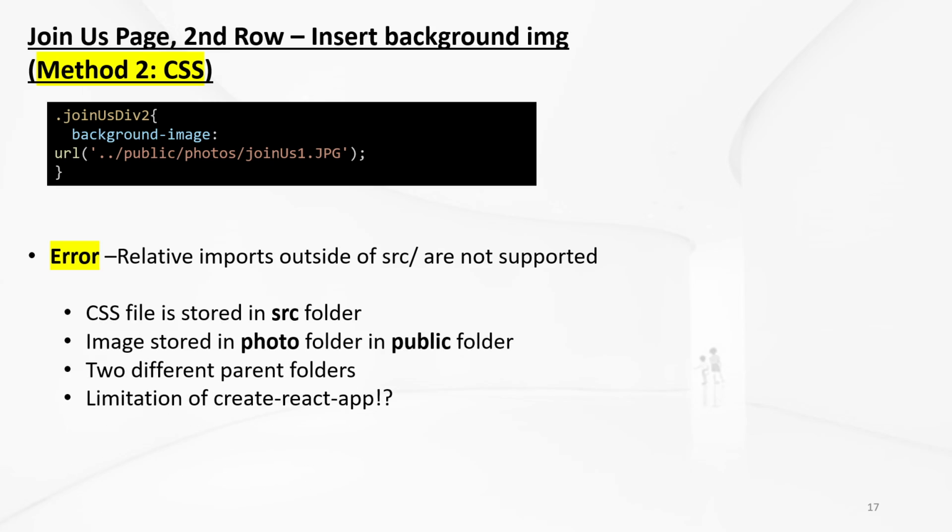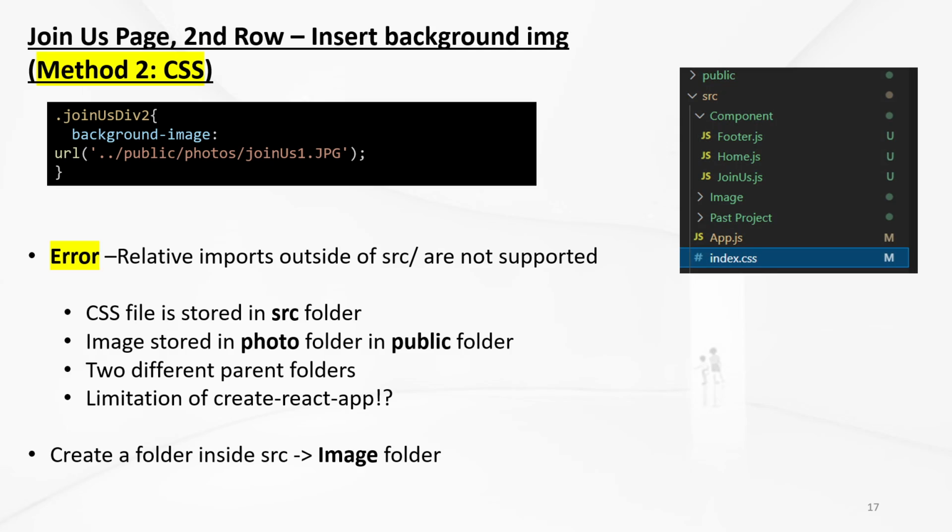This is because this CSS file is stored in the source folder, while this image is stored in the photo folder in the public folder. And there's two different parent folders. What I read from the online community is that React does not support two parent folders. So the only way out is to actually store it inside the source folder. That's why when you see I reorganized the folder, I have an image folder particularly for it.